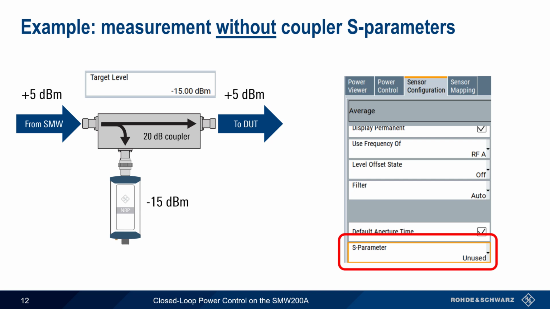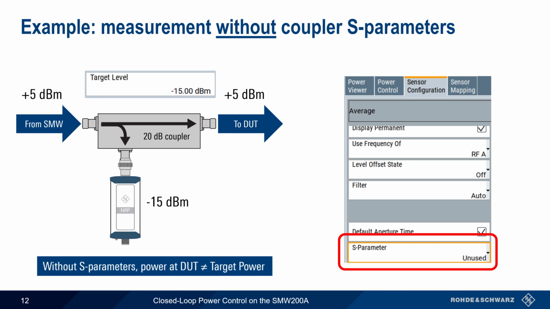Even if gain or loss occurred before the coupler, the DUT input power would still be 20 dB higher than the user-configured target power. So in this case, where S parameters are not used, the target power, or power at the DUT input, will not be the same as the user-configured target power.